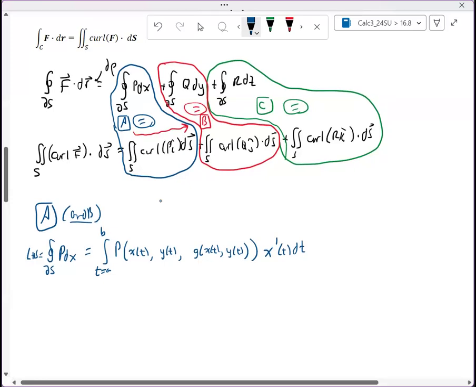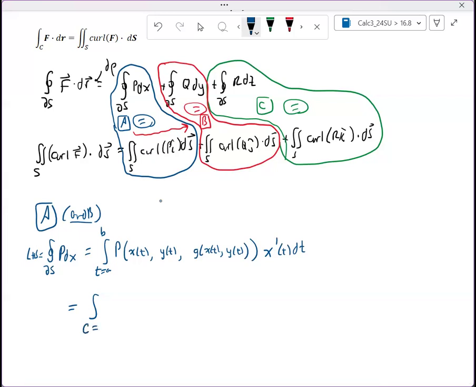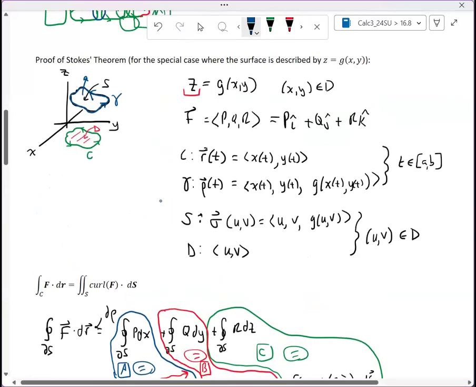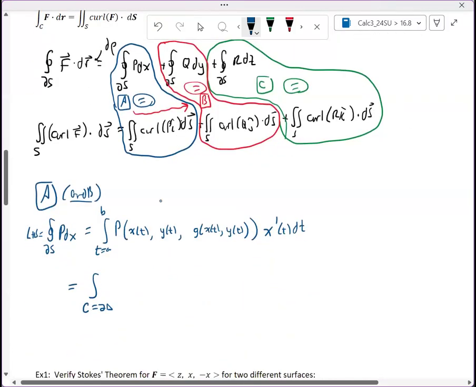But I can re-envision this as a line integral over C, the boundary of D, the two-dimensional boundary up here in the xy plane. That's also a closed loop.